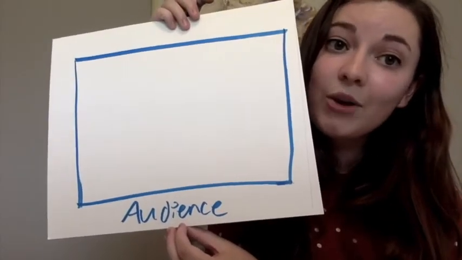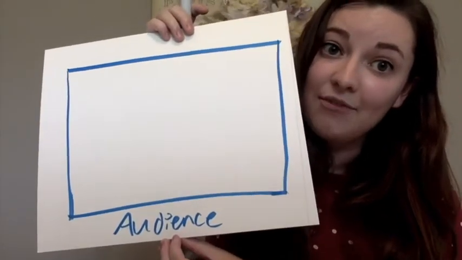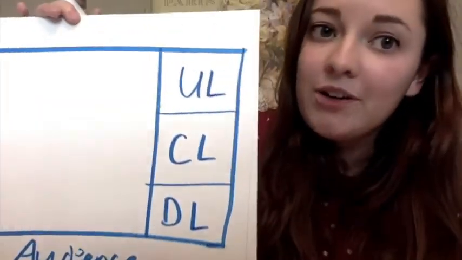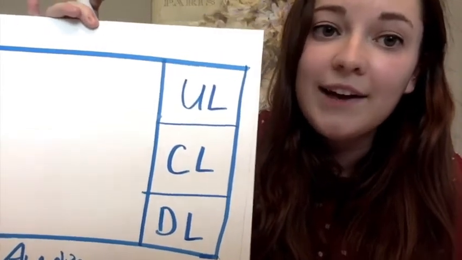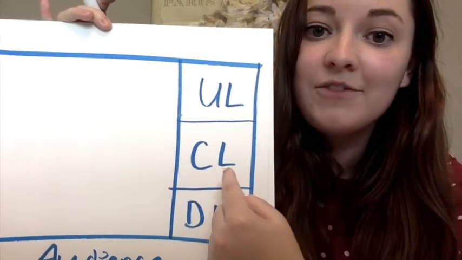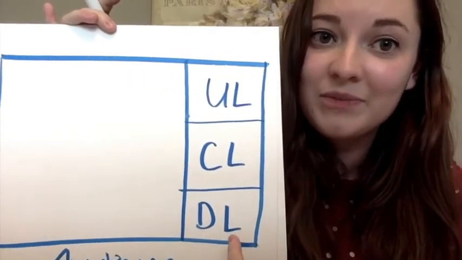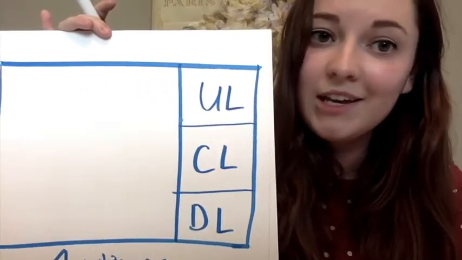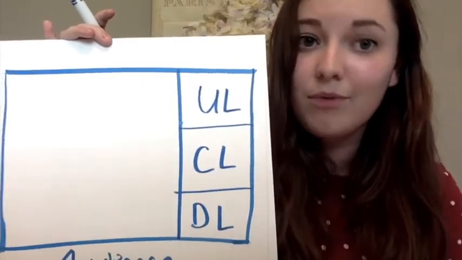So the first category that I'm going to draw out is stage left. All right. So I drew in our left category. You'll see I just abbreviated it. So this is up left, this is center left, and this is down left. Pretty simple, and each layer is going to have those same three.